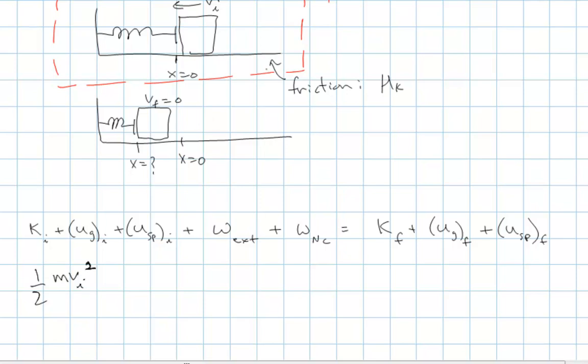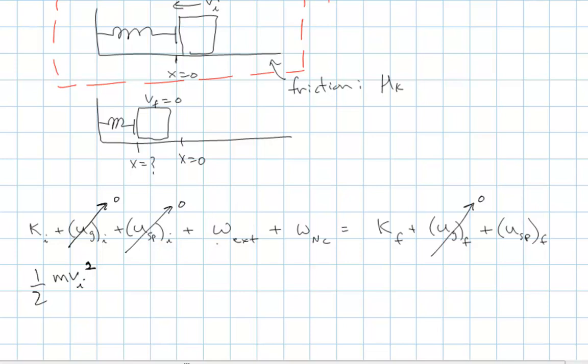Gravitational potential energy, I'm going to say it's 0 at this height, and it never changes in height, so the final is also going to be 0. Spring potential energy, we have to use spring potential energy because the spring is internal to our system. At the beginning it is unstretched, so it has no energy stored in it, but at the end it does have energy stored. It's compressed, so we need to account for that.